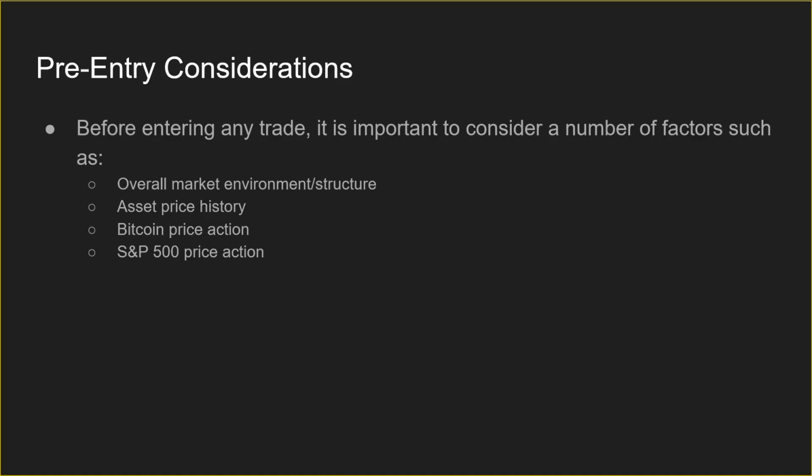In our correlation section, we discuss a lot of the correlations between Bitcoin and other asset classes, including Bitcoin and the S&P 500. We'll touch upon that briefly here, but for more in-depth discussion on asset correlations, be sure to follow up on that lesson. And other macroeconomic factors that we may want to consider.